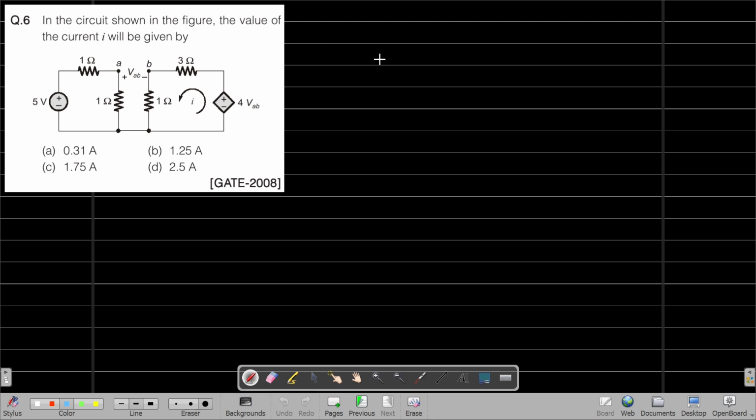First, let's apply voltage division to get VA. VA equals the voltage across the 1 ohm resistor.